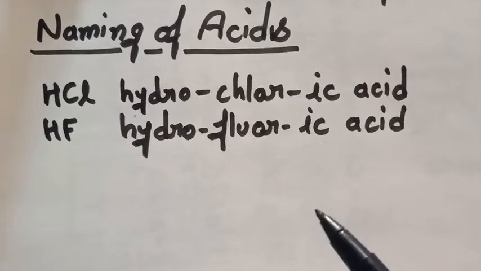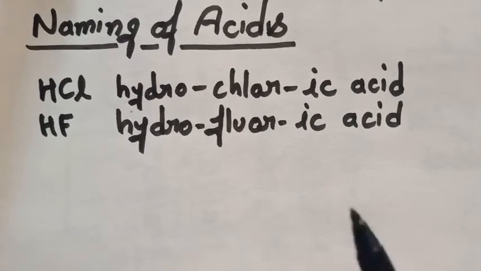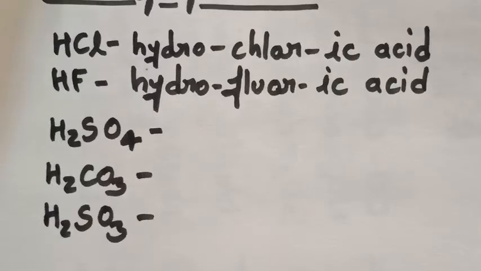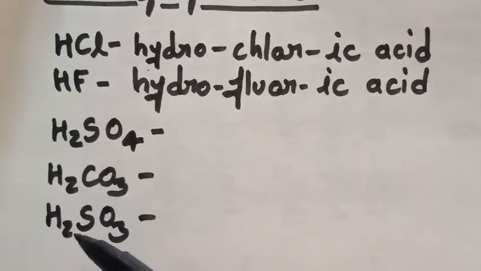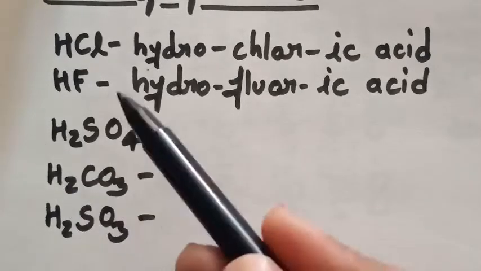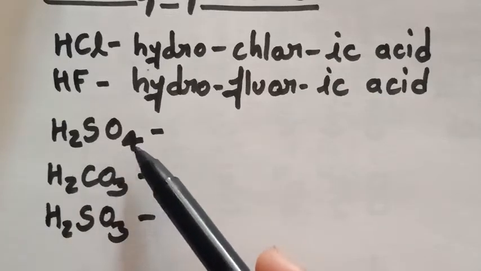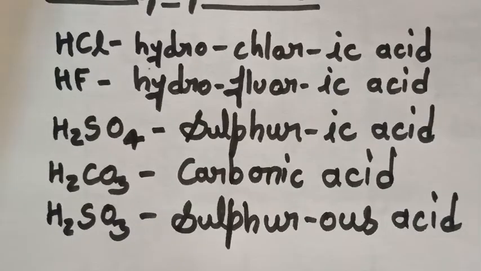And the second rule: the names of acids containing radicals or polyatomic groups, like H2SO4, H2CO3, H2SO3, are given on the basis of the second element, like here sulfate, carbonate, again sulfate, but the prefix hydro is not used.